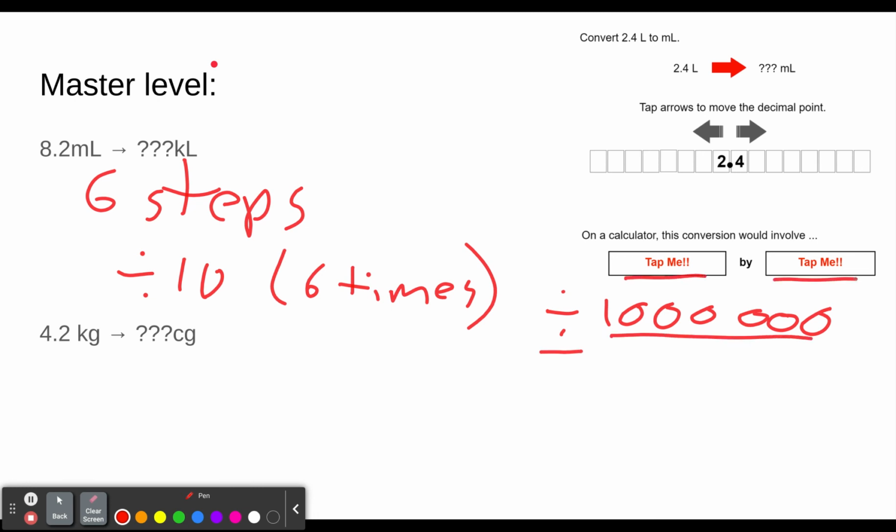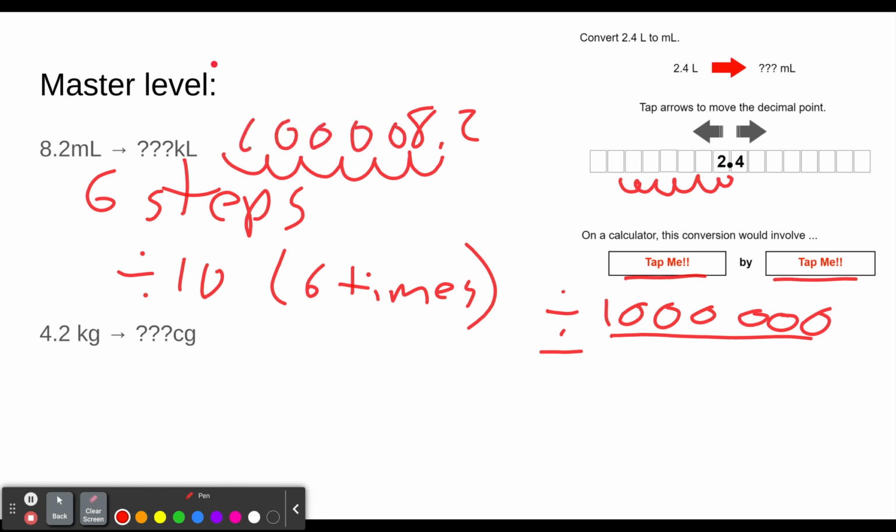And since you're getting to a smaller number, you're going to need to move the decimal point to the side here 6 times. 1, 2, 3, 4, 5, 6. And you would get, let's do it with the 8 here. Move it 6 times. 1, 2, 3, 4, 5, 6. We'd fill in zeros as it goes past each one.